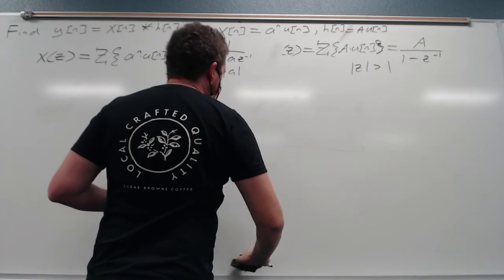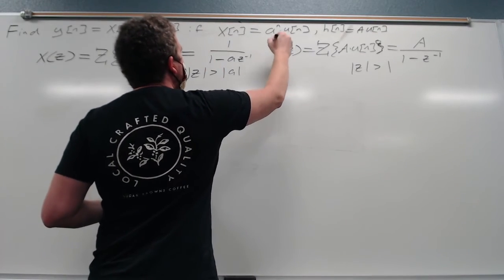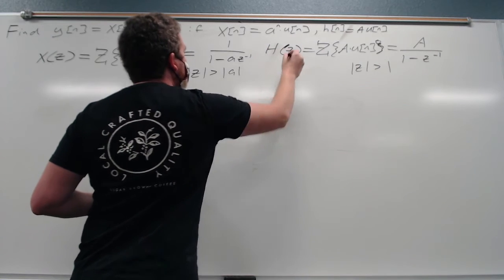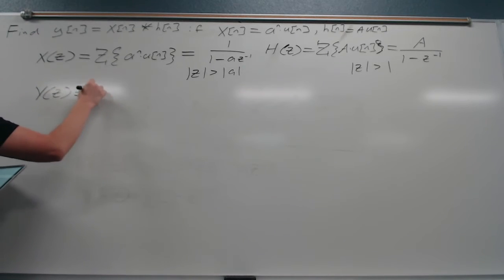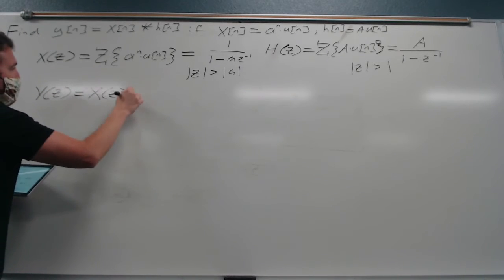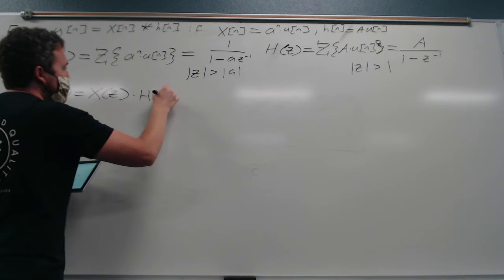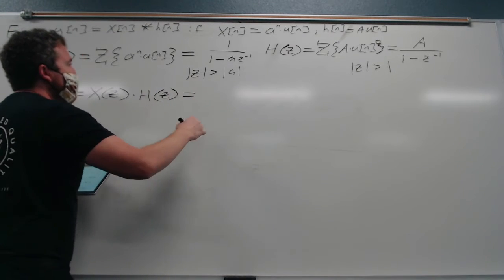Nobody's going to comment on the fact that I wrote y of z there. That should have been capital H of z. Because now we need Y of z. It's going to be X of z times H of z.